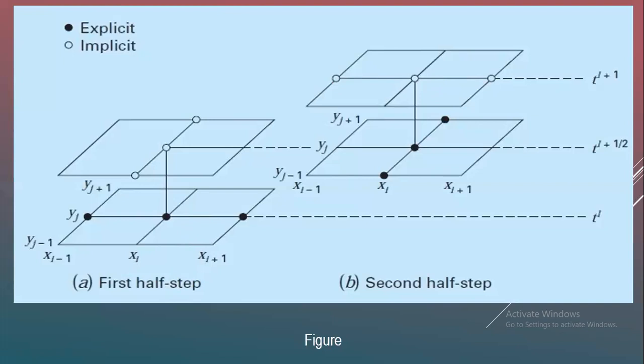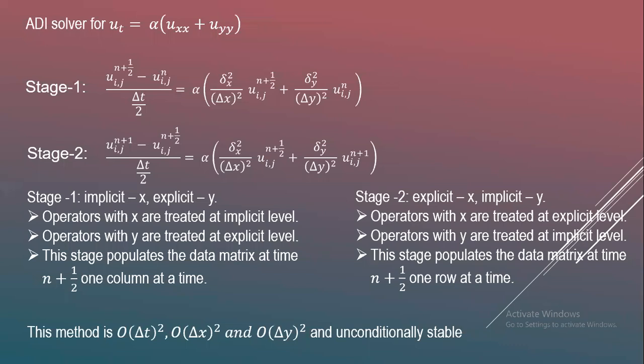To get a clearer concept, I use an example of a second order PDE. So in stage one, it goes from time level n to n plus half, and in the x direction, it's time level n plus half, that is the implicit level, and in the y direction, the time level n is treated as explicit.